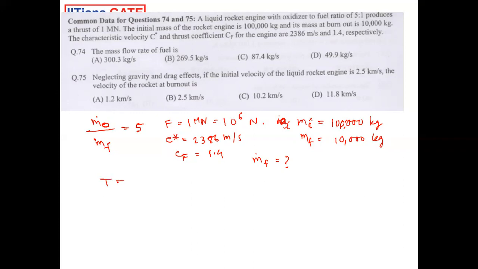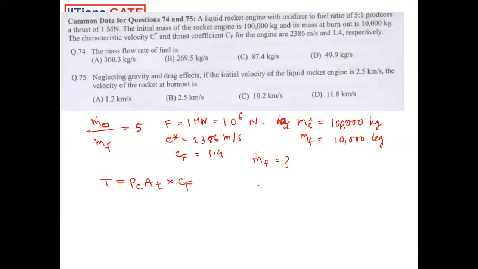The thrust produced by the rocket can be written as PC AT CF, where PC is the chamber pressure, AT is the area of the throat of the convergent-divergent nozzle, and CF is the thrust coefficient.